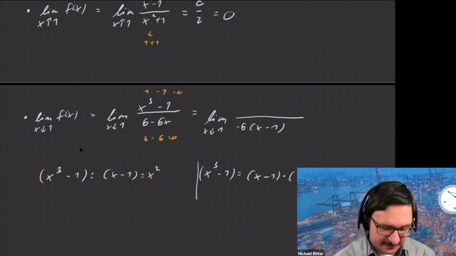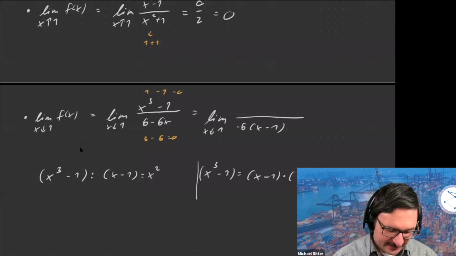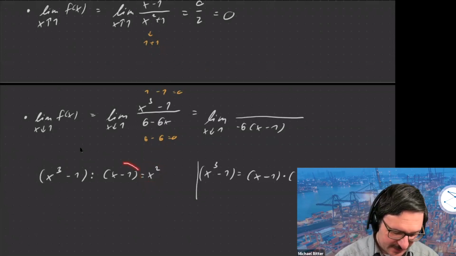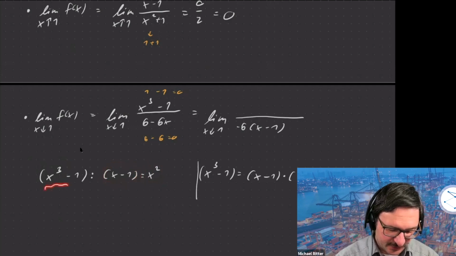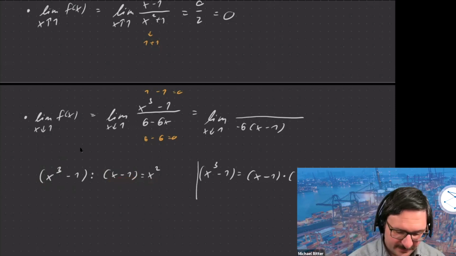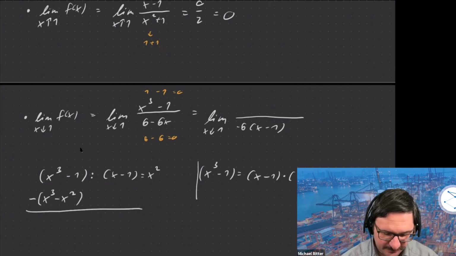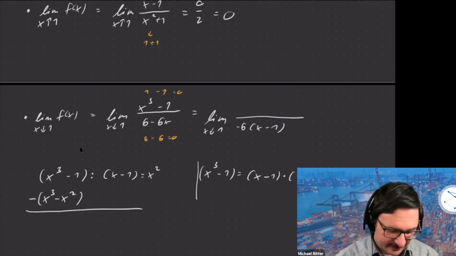Once we have that, we subtract this factor times this factor from our original polynomial. So what we do is we multiply x squared with x minus 1. That will be x to the power of 3 minus x squared. And then we subtract that from the original polynomial. What we get is x to the power of 3 minus x to the power of 3, that's 0.